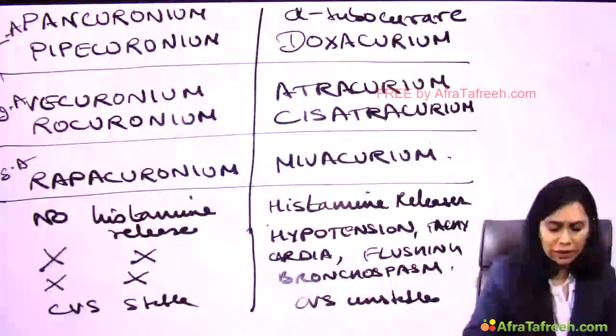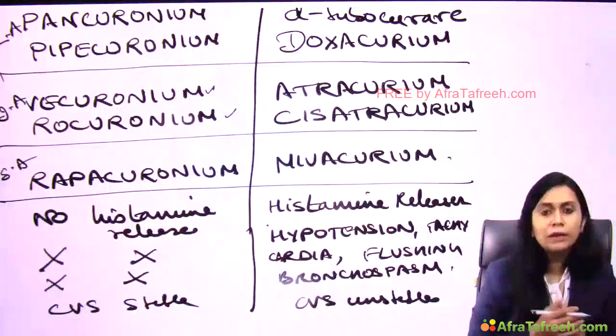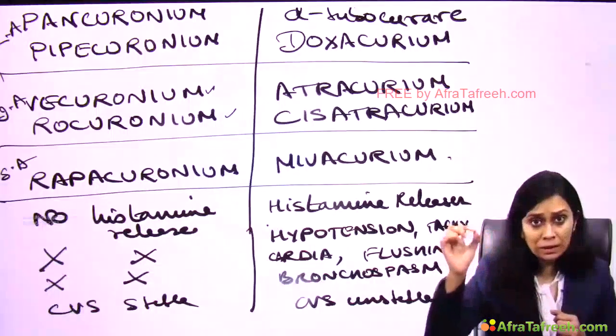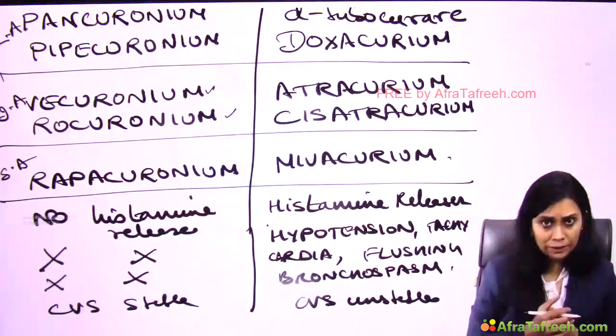Today in our OT, we preferably use intermediate acting neuromuscular blockers, not long acting. For every patient requiring paralysis under general anesthesia, we use either vecuronium or rocuronium. These are the commonest used because they have the best clinical profile.